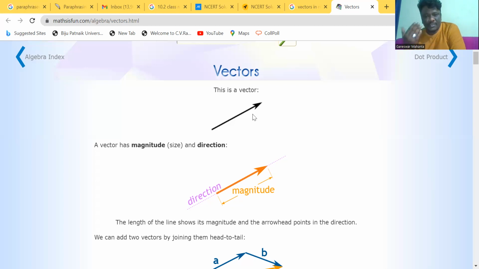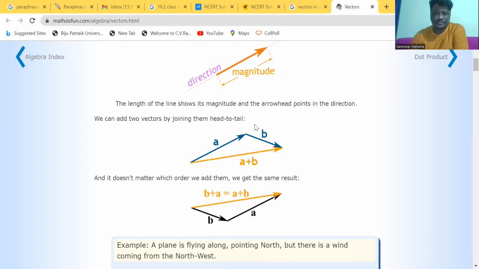We can add two vectors by joining them head to tail. First, we'll discuss what is magnitude and what is direction. The length part only is called the magnitude. An arrow mark represents its direction.